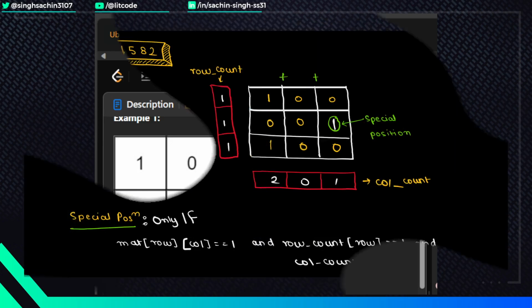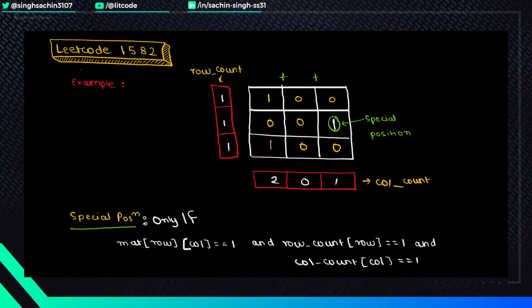So this is the solution which we'll be using, and for this, we'll be keeping track by defining two additional arrays: row count and column count.